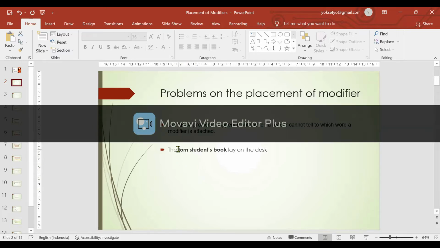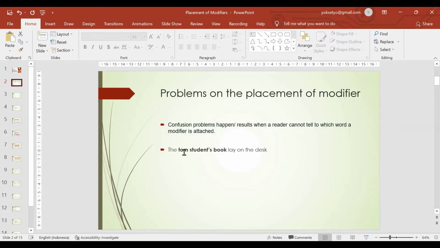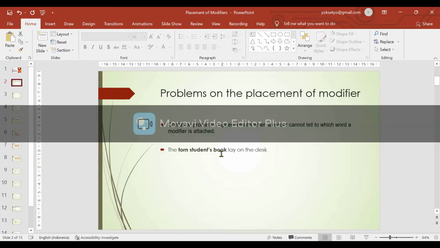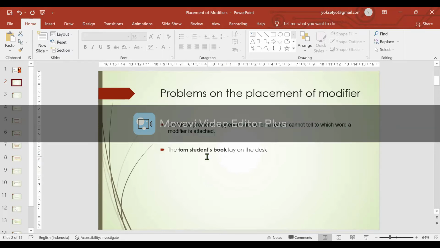Therefore, it will be confusing, right? But actually, the writer wants to say that tone modifies the book, like what your friend said. So it must be corrected. That is an example of the problem of the placement of the modifier.